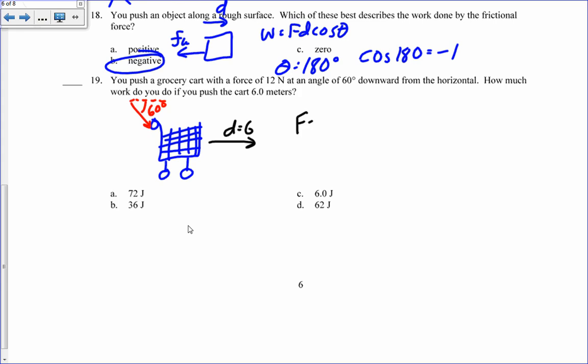This is simple. Work equals Fd cosine theta. Told you you'd have one of these. Just simply plug in the numbers. I have 12 newtons, 6 meters, cosine of 60. That gives me for number 19, B.